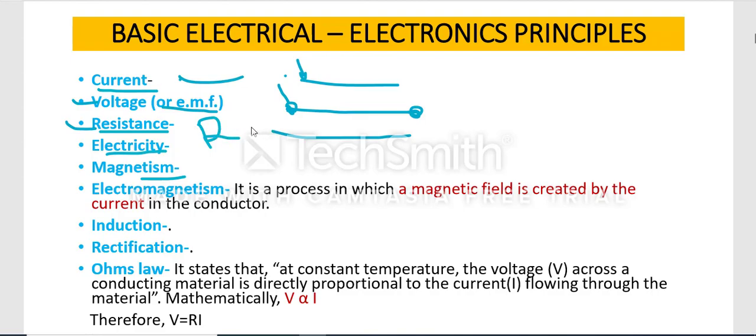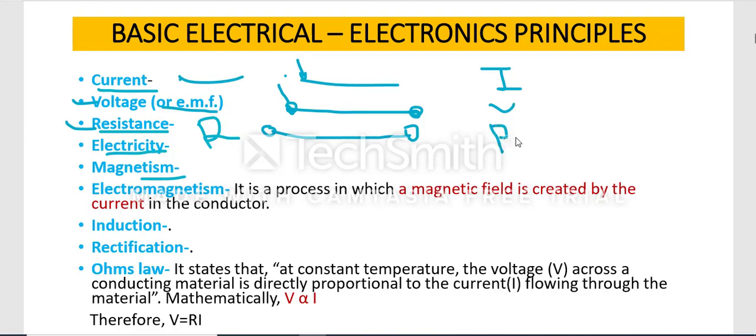For every material there is a resistance to the flow of electricity, and it is denoted by letter R. Resistance is denoted by letter R, voltage is denoted by capital letter V, and current is denoted by letter I.